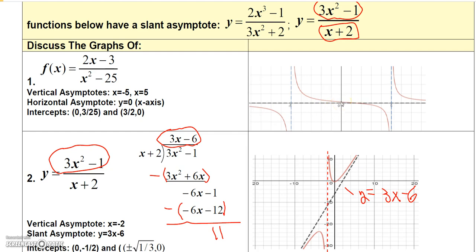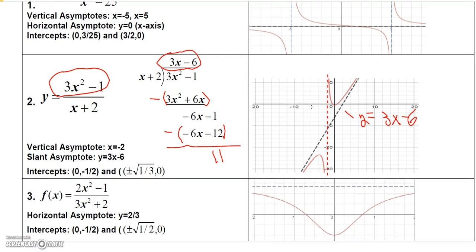So a very small number, (0, 3/25), and it crossed the x-axis at the point (3/2, 0). So by finding out this information about asymptotes and the intercepts, most of the time you can get a rough graph of these rational functions.